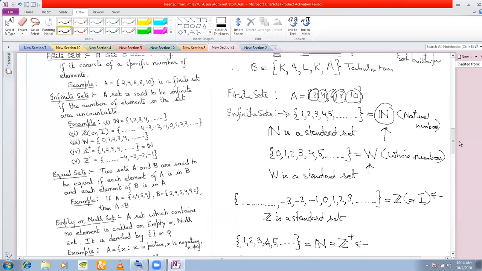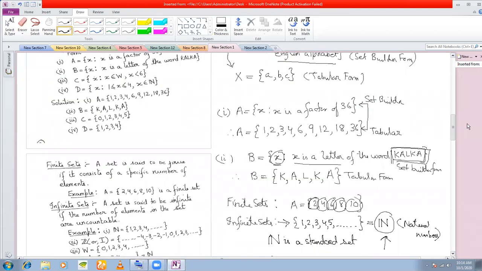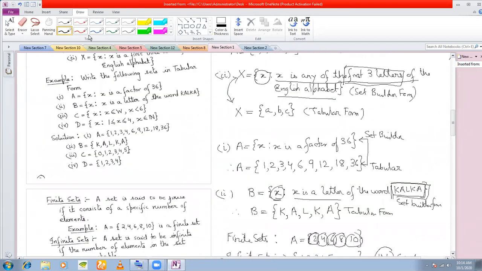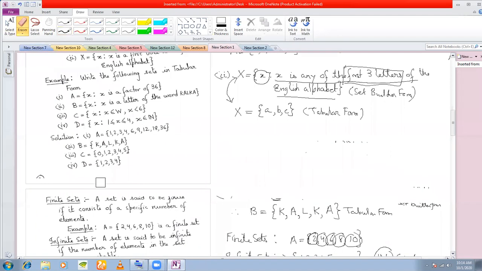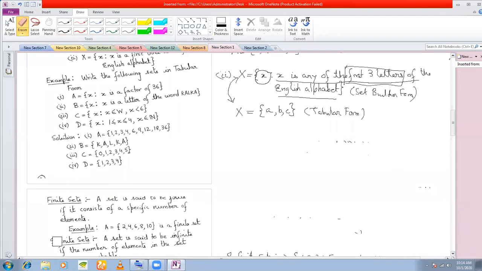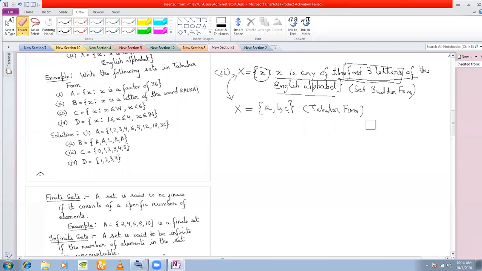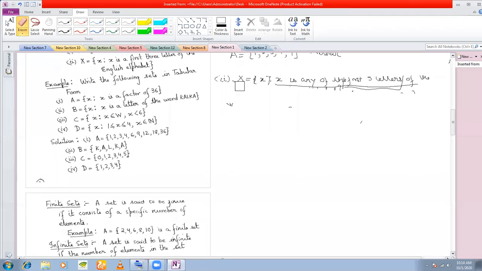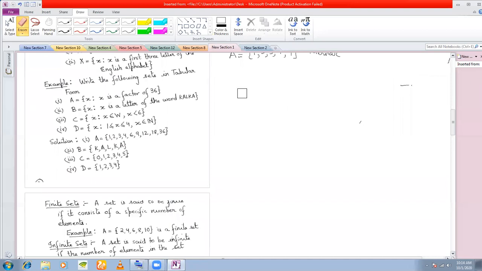So coming back to our set builder form, look at number 3 now. Here the set C is given in set builder form, x such that.